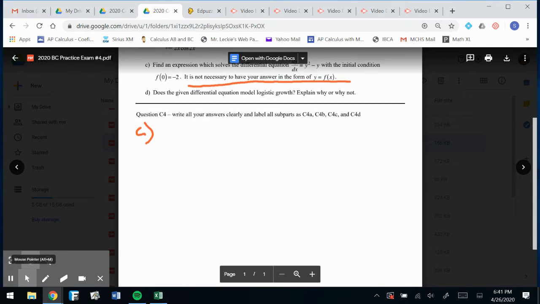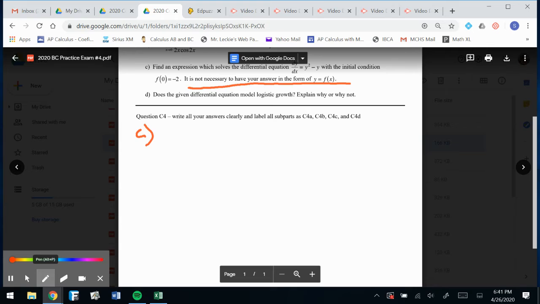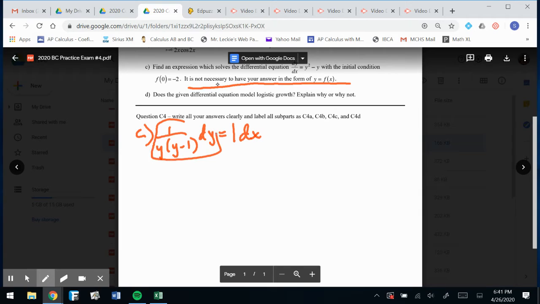I bet you if I keep on solving this, it's probably going to make some sense. So let's do it. All right, let's separate, which would be 1 over y squared. I'm going to factor this because I already have an idea of what is going on. 1 dx. And if you look at that side there, everybody should say, let's just cover that up, or partial fraction decomposition, right? But let's just cover that up.